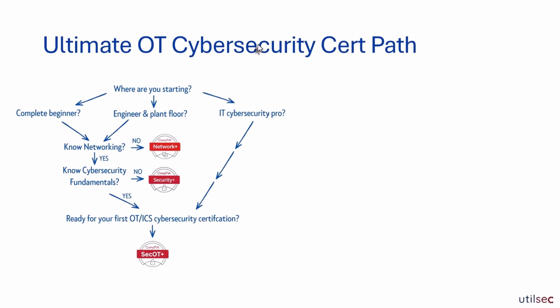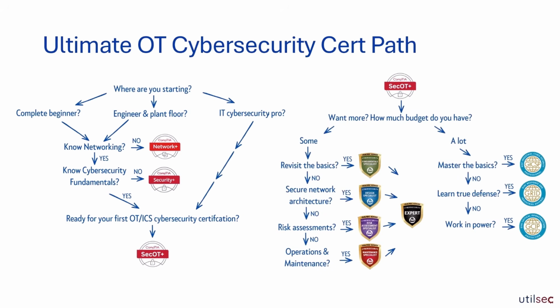So you can see it's a lot of CompTIA courses, right? Network Plus, Security Plus, SecOT Plus. And then once you've accomplished the SecOT Plus, you're really able to go on to the next phase if you have the time and resources and you need to.